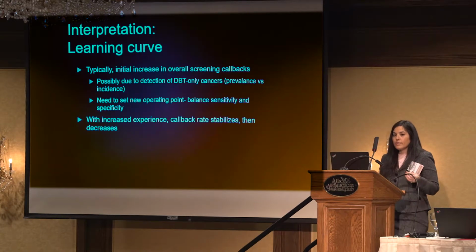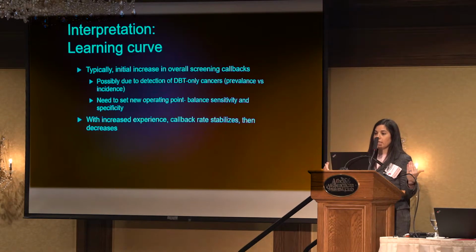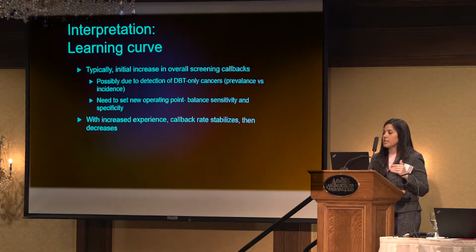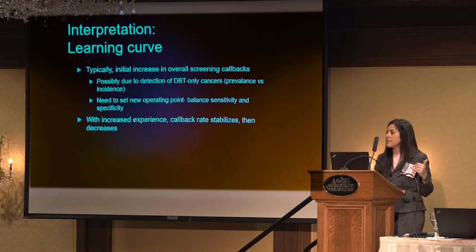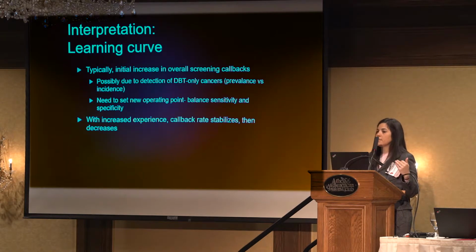Typically, when you implement tomosynthesis, the recall rate does go up a little bit. Some people say this is due to detection of DBT-only cancers, or prevalence. It's been there all along and we just happen to see it better, versus incidence, right? So if they come back the next year and have the 2D, that would be incidence. If next year on their second tomosynthesis exam there's a new finding, that would be incidence, right?